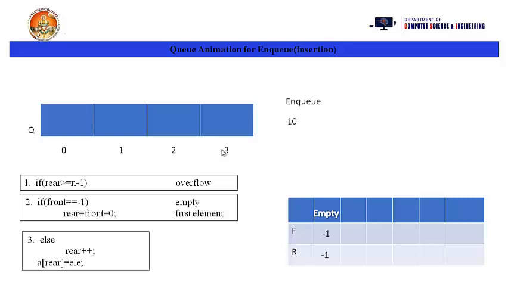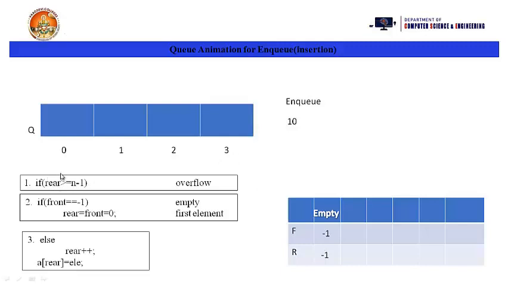Now I need to enqueue element 10 into the queue. First we need to check the condition: if rear is greater than or equal to n minus 1. What is the rear value here? It is -1. And the n value, that is the size of the queue, is 4. 4 minus 1 means the last position of the queue, 3. So the rear value is -1 and the n minus 1 value is 3.